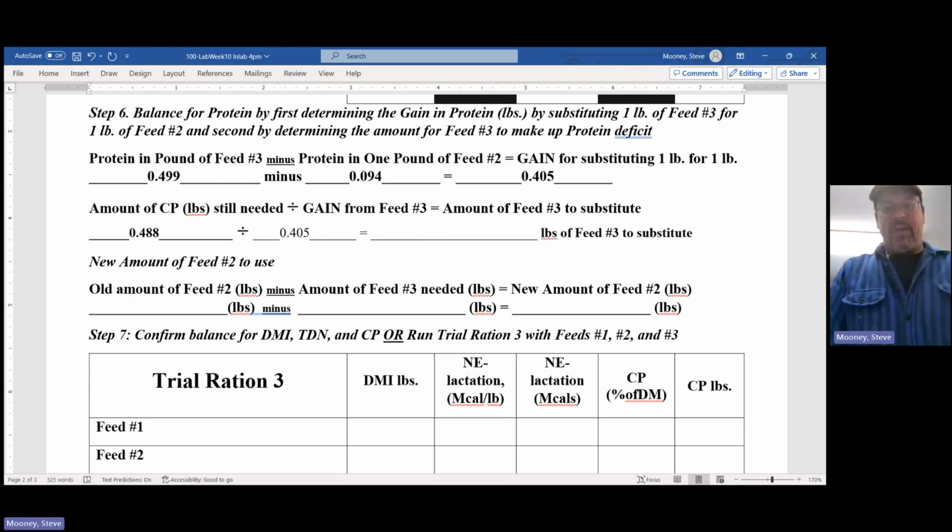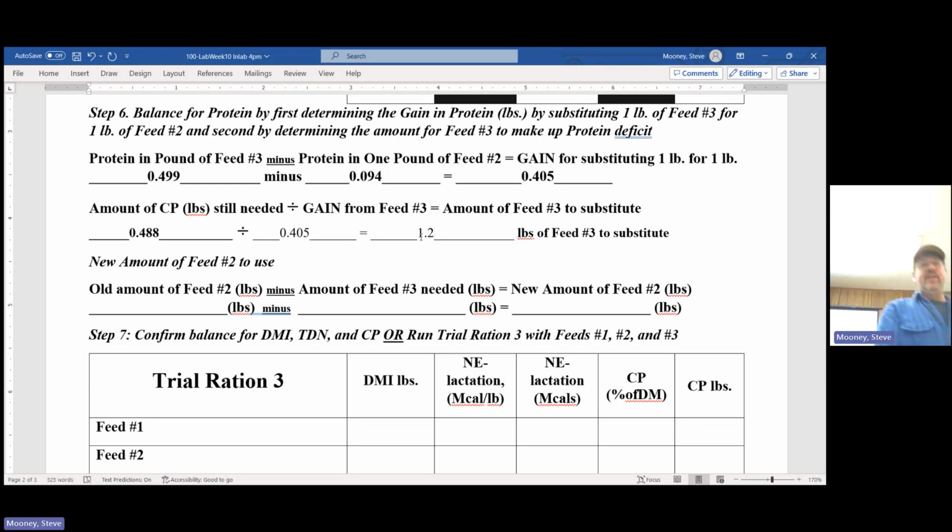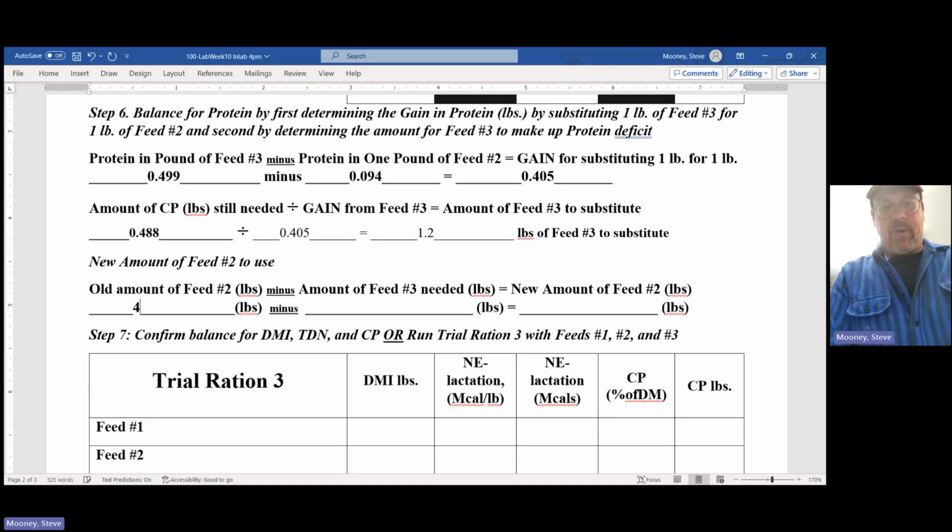So keeping it to 1 decimal place, 1.2 pounds of feed 3 is needed to balance the ration out. We need to substitute, pull out 1.2 pounds of feed 2, or cracked corn, put back 1.2 pounds of soybean meal, our feed 3.